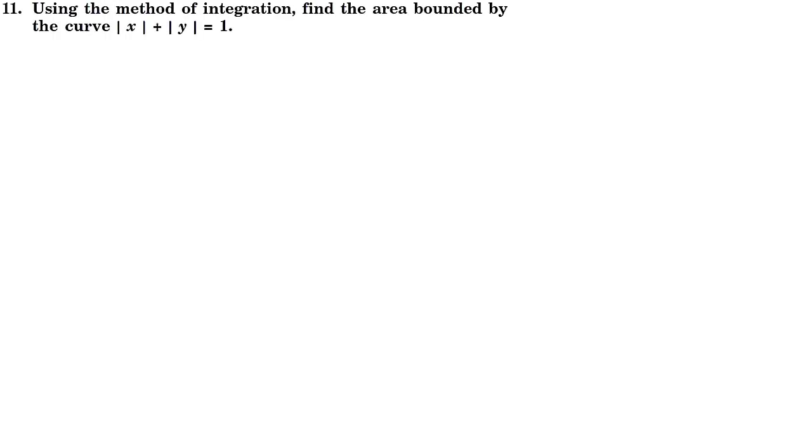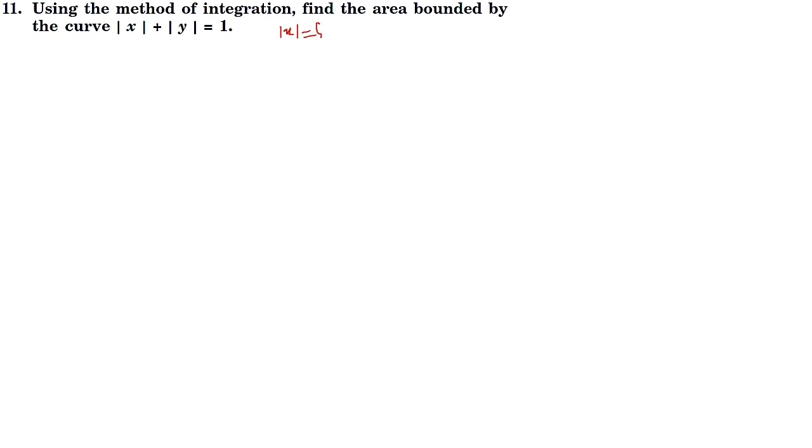On to the 11th question. Using the method of integration, find the area bounded by the curve mod x plus mod y is equal to 1. So here mod x plus mod y equal to 1. First question related to the modulus function. So what we can do is, we know the definition of the modulus of x. So modulus of x, let's define it first, just recalling, okay.